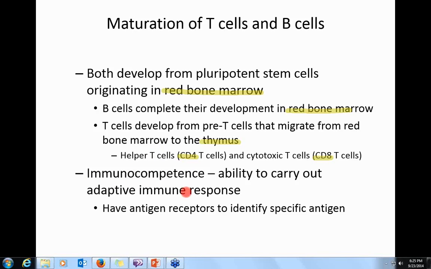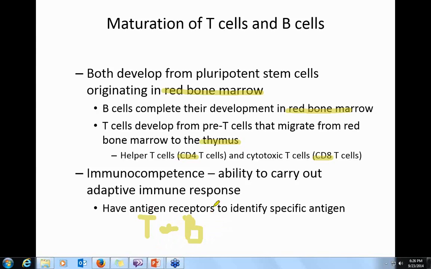And in order to carry out an immune response, your T and B cells have to have antigen receptors. And let me try this. So the receptors are found on the T and B cells.